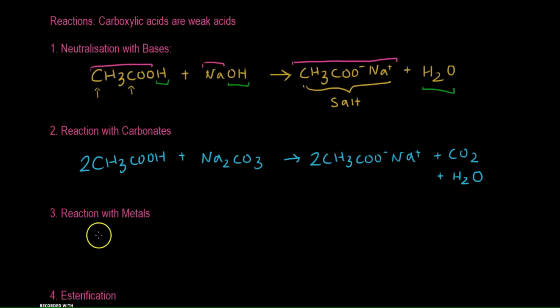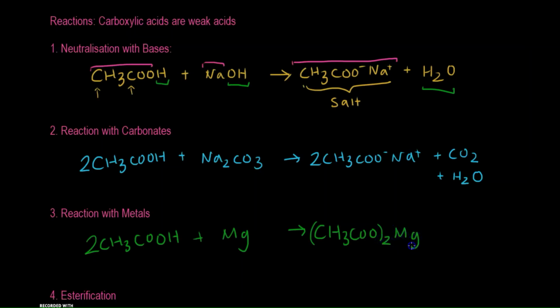Next is reaction with metal, which is really just 2CH3COOH. In this case, you notice that I'm using ethanoic acid again with Mg, which is magnesium metal, to give me the salt (CH3COO)2Mg, plus hydrogen gas.